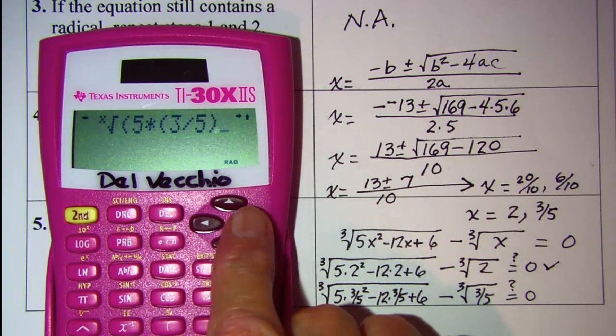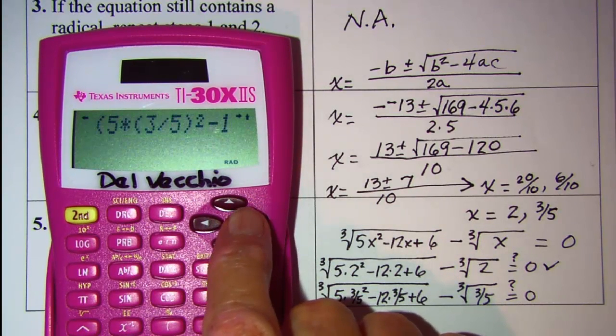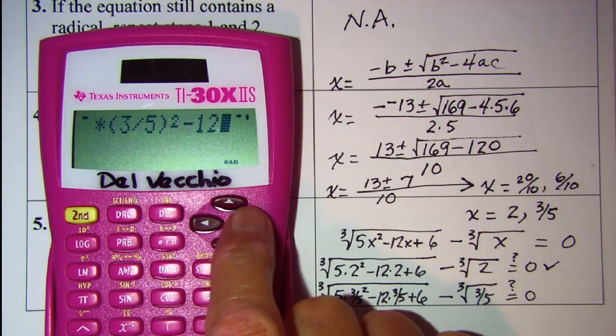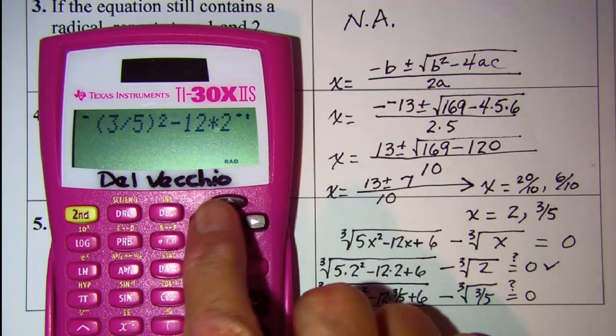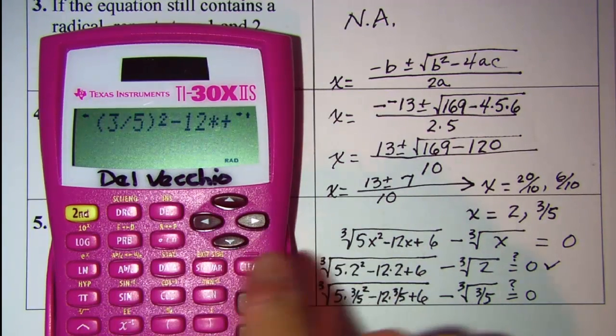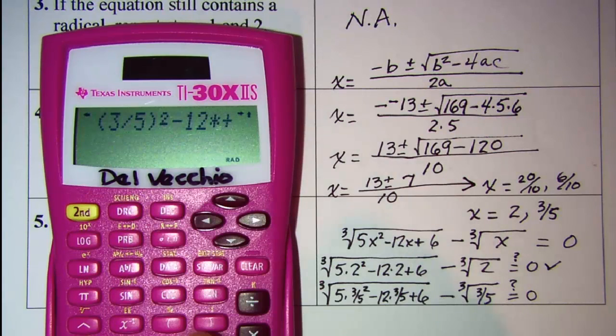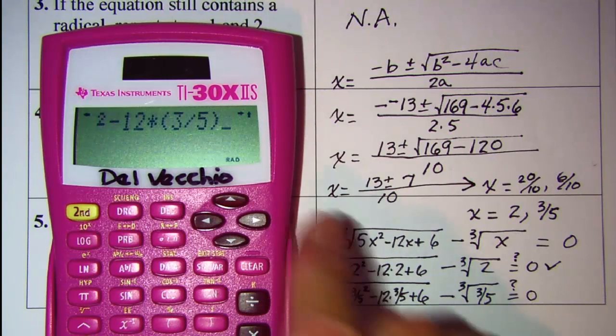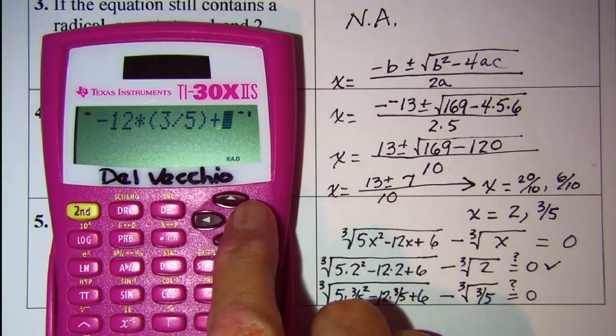Now be familiar with your calculator to see what you can and cannot do. Here I have 12 times, and then again I want to delete the 2 and insert parentheses 3 divided by 5, and then keep moving over.